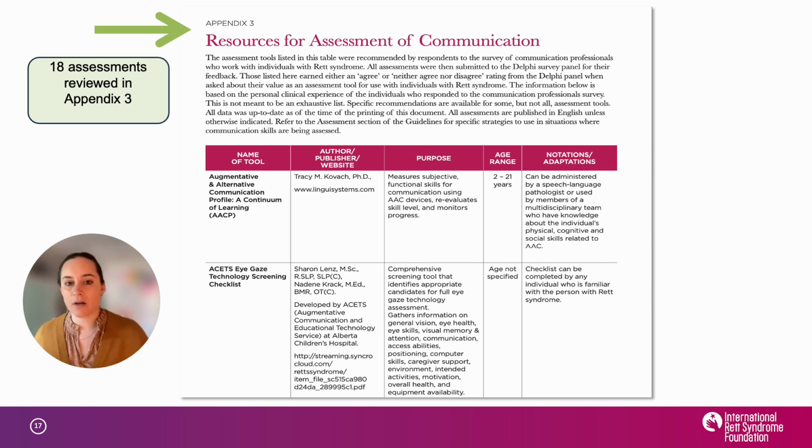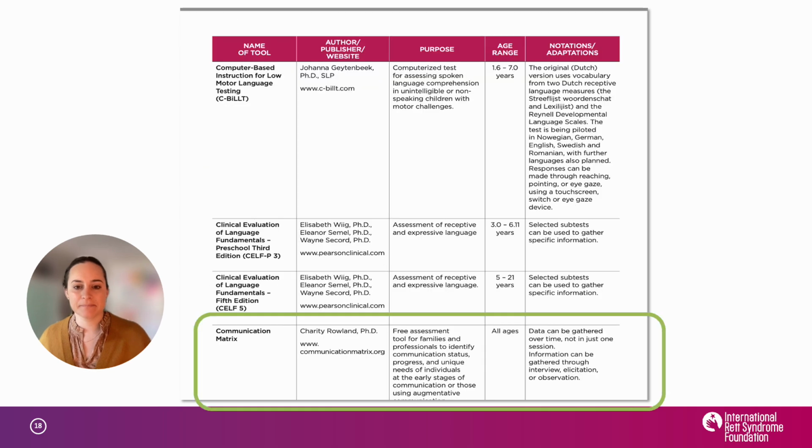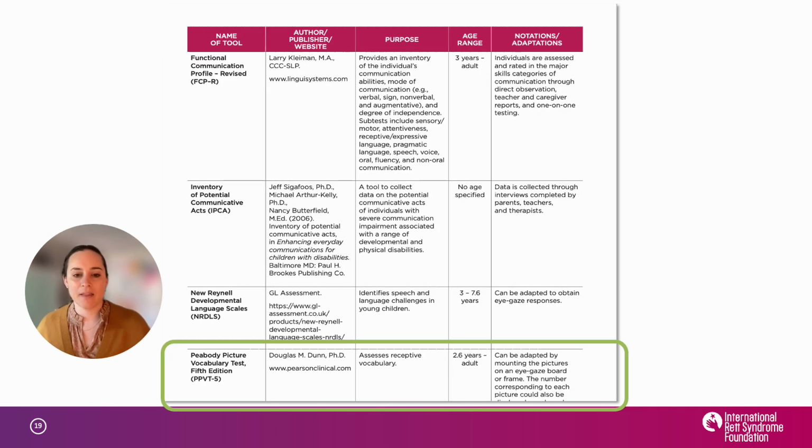It's not an exhaustive list, rather these are just some suggestions that came from the development process of the guidelines. Here is the communication matrix that I mentioned previously. If you want to check it out, I highly recommend it. And then there's the PPVT that we discussed could be made accessible or has been made accessible for eye pointing as a response mode.